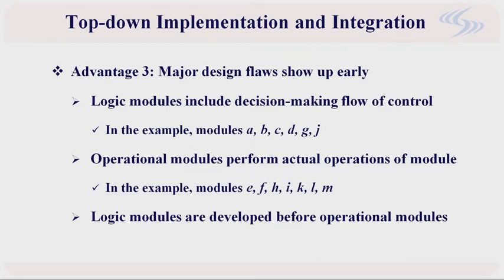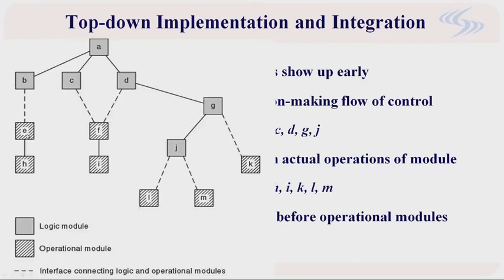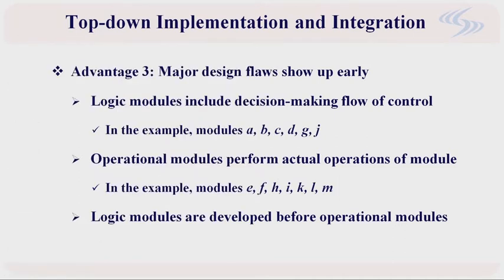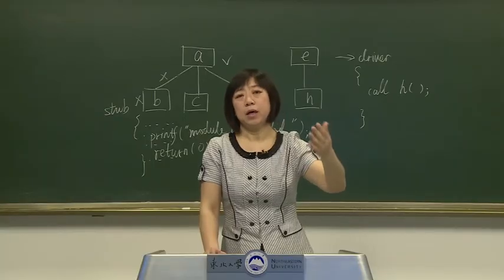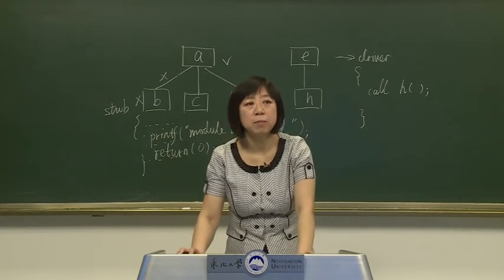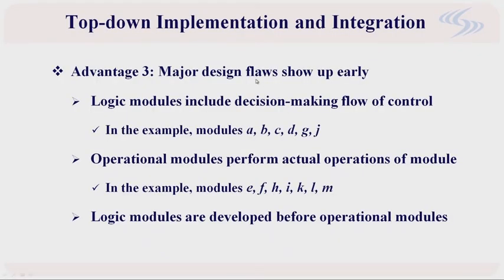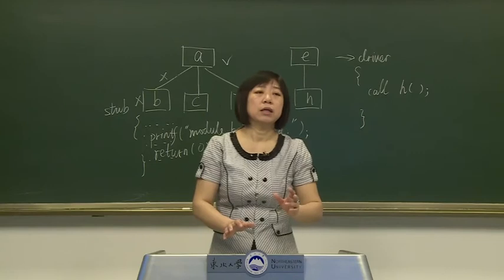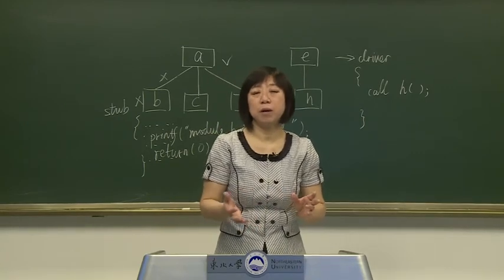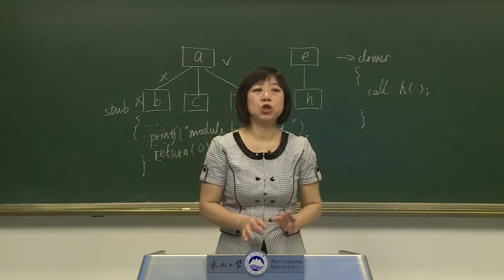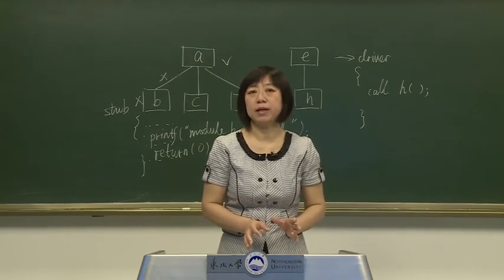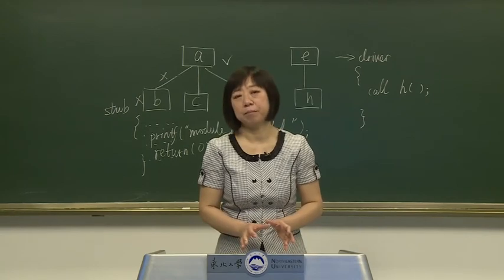Well, the operational modules perform the actual operations. In this example, modules E, F, H, I, L, M, and K are operational modules. With top-down implementation and integration, logic modules are at the higher level, so major design flaws show up early. That means once some major design flaws show up, the developers can change the design immediately to avoid more waste of time.